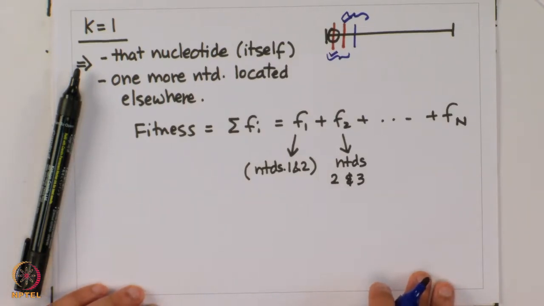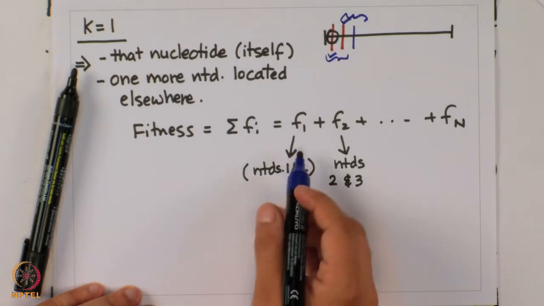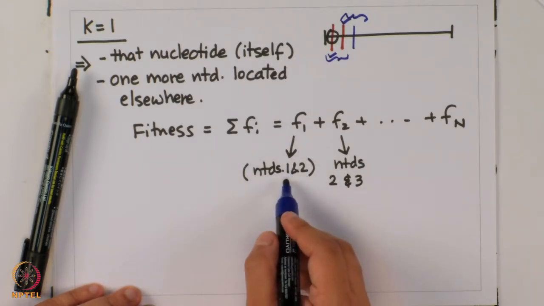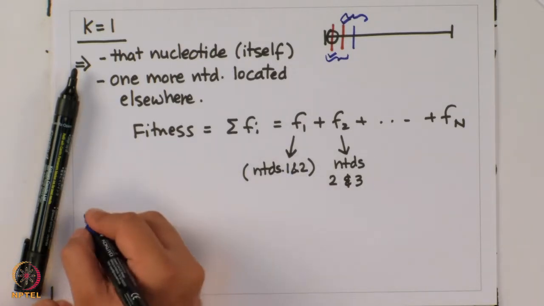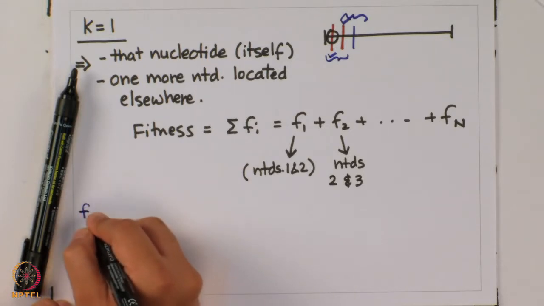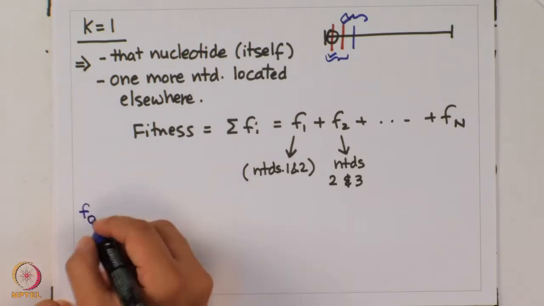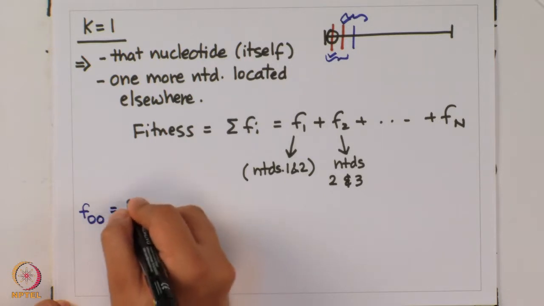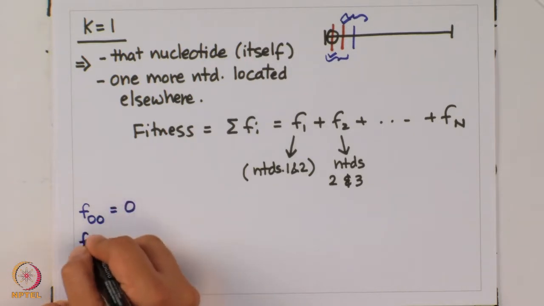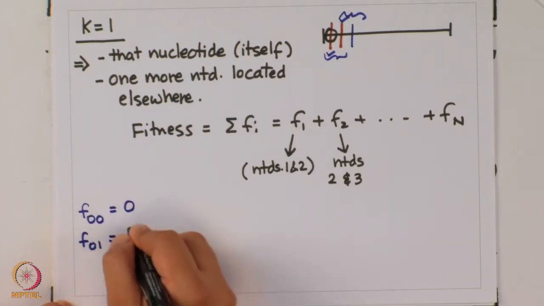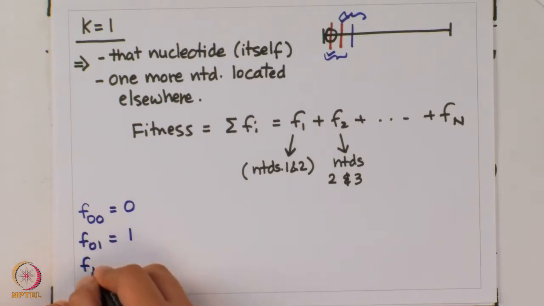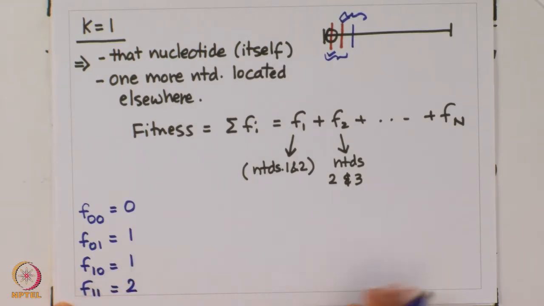So, we need rules to define this. Since the fitness contribution of each is dependent on two nucleotides now, I am going to have to define that the fitness contribution whenever you have a 0 0 is, let us say, 0, whenever you have a 0 1 it is 1, whenever you have a 1 0 it is 1, and whenever you have a 1 1 you have 2.